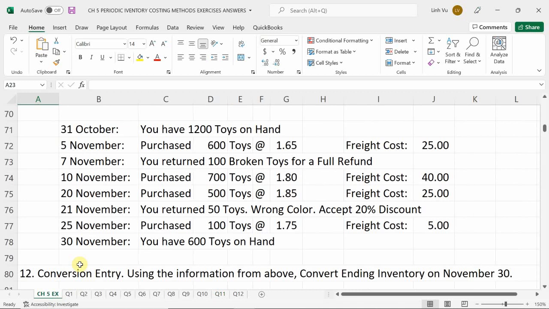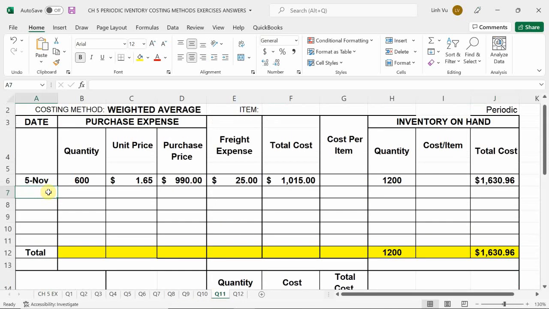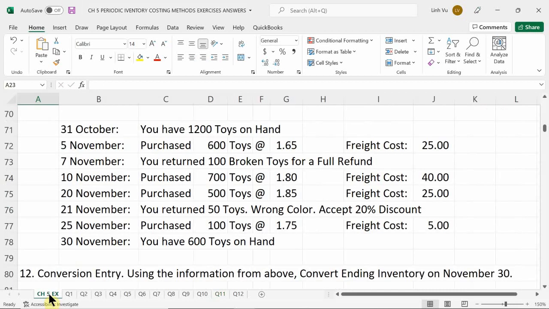Then on November 10, we end up purchasing 700 more toys at $1.80 with the freight costing $40. Okay, so 700, 180, and 40.